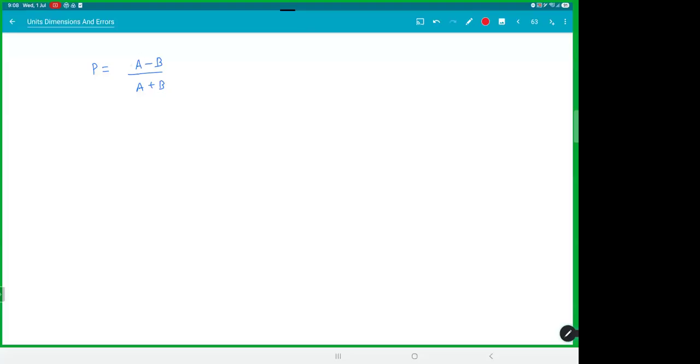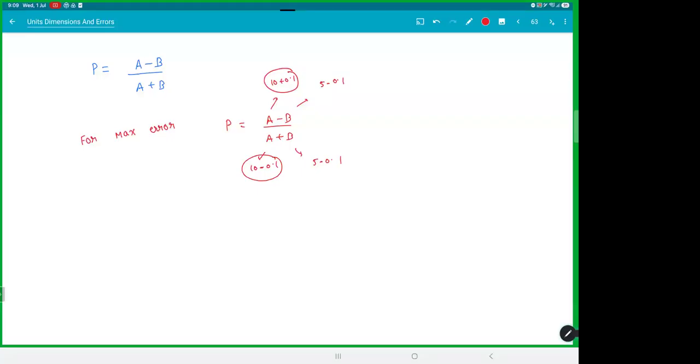For maximum error, in the numerator A minus B, your value of A must be 10 plus 0.1, and B must be 5 minus 0.1. But the denominator must be minimum, so A must be 10 minus 0.1, and B must be 5 minus 0.1. How can the value of A be 10 plus and 10 minus at the same time? You're getting the problem there.